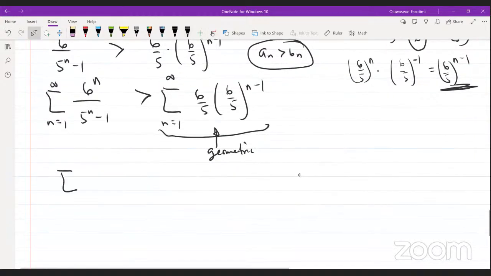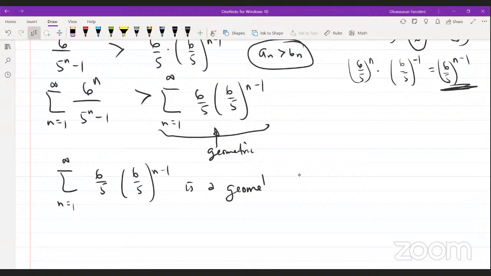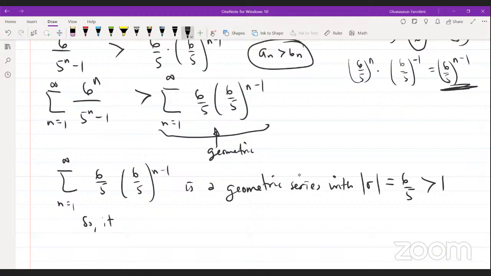So I'm going to say this guy is a geometric series with what? What is your R? 6/5, which is bigger than 1. And once you have the situation, what do we say? It is divergent.